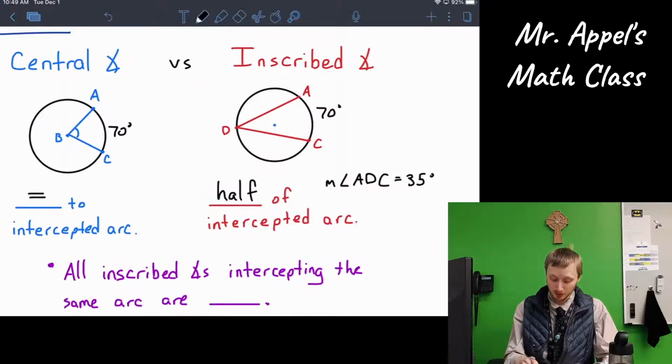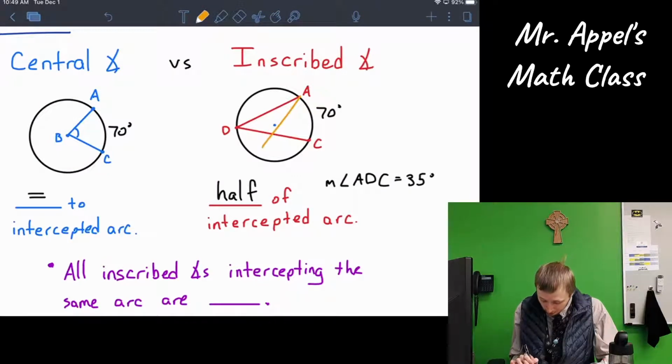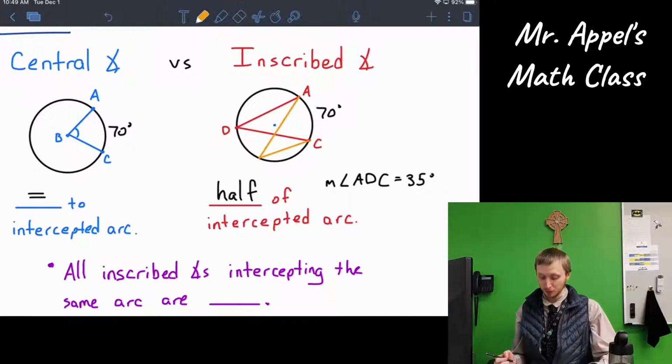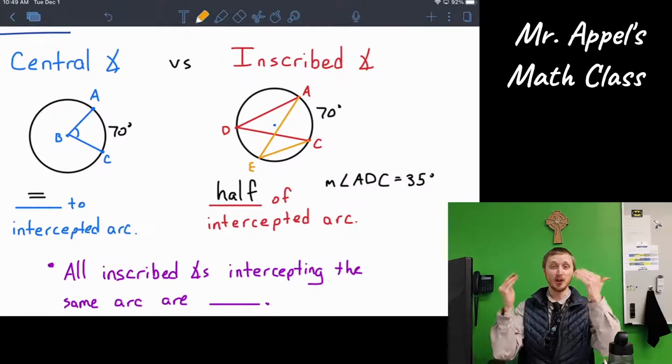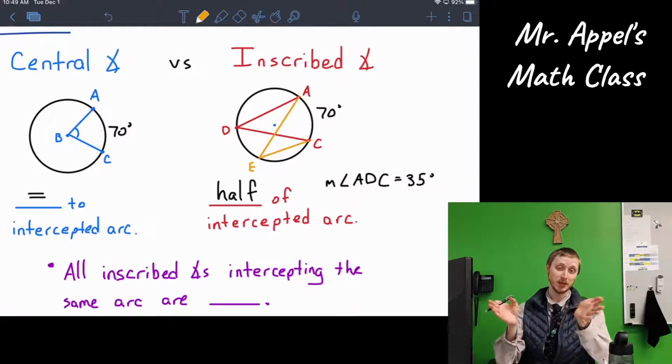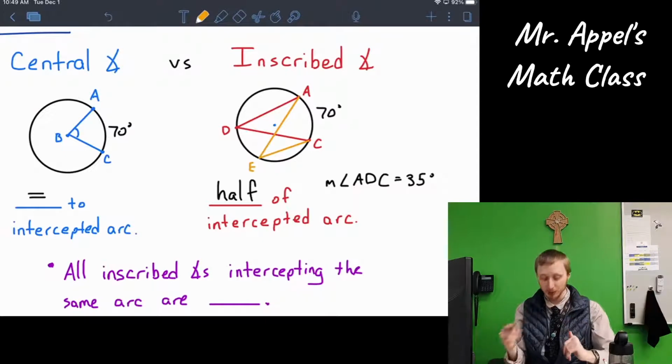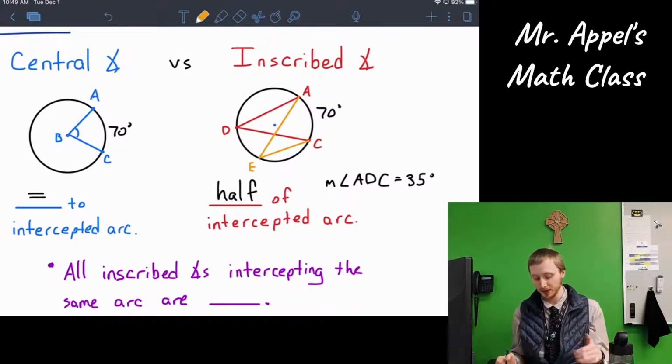So if I was to draw, let's say, a completely different angle here, but it still goes to AC, call that E. It also, by definition, is an inscribed angle. It has to be half that intercepted arc. It's also going to be 35 degrees.